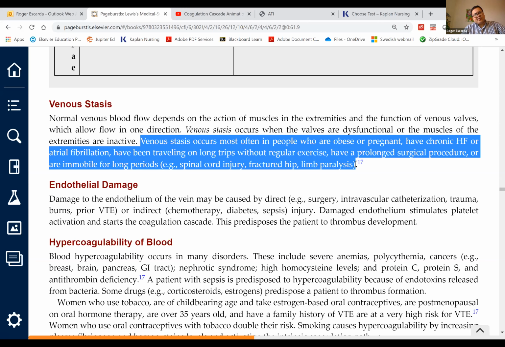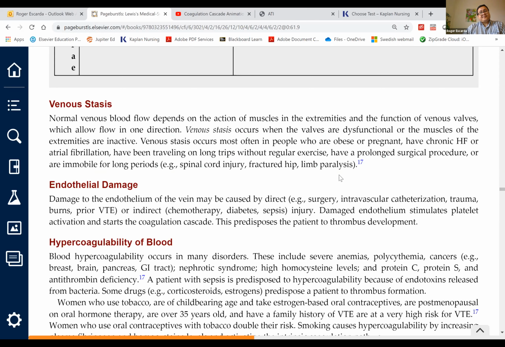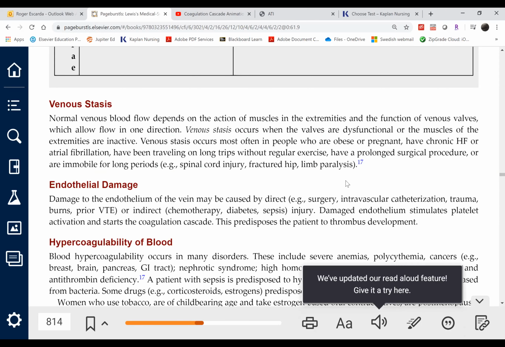So what if you have these conditions? What makes blood not move? What therefore is the only way blood returns to the heart from the periphery? Exercise. Movement. Movement of the lower extremities in particular. Okay, so muscle contraction, right? No problem with arterial. You have the heart doing that.